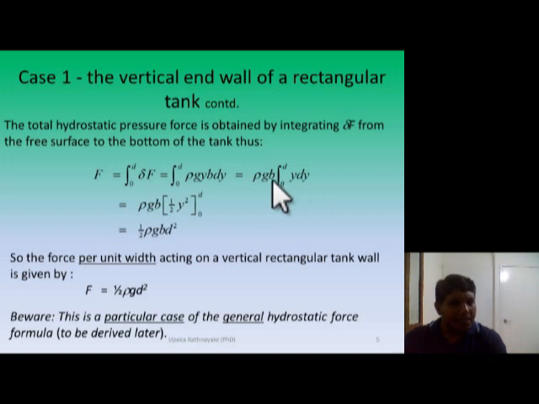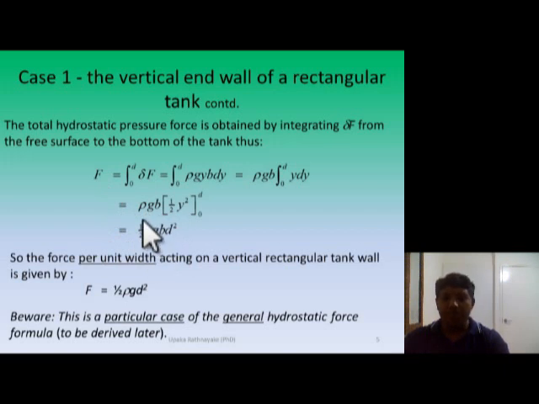Let us put this b inside this dy. b dy, what is that? It is dA, isn't it? Integration of y dA. That is the first moment of area, which you have used in your high school physics and so on. Now, if we do the simple integration, we end up at half rho g b d squared. That is the magnitude of the resultant force.